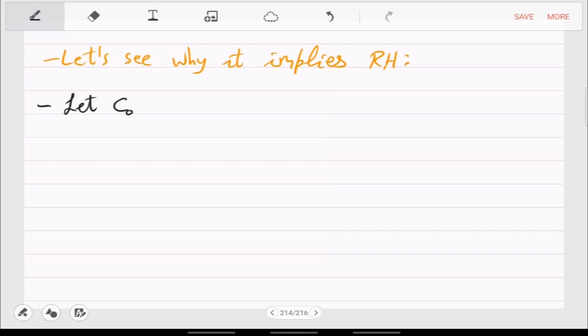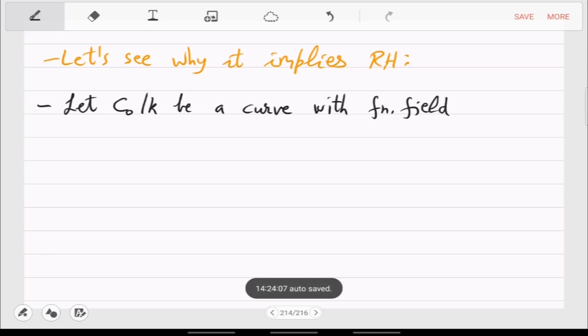So let C0 over K be a curve which may or may not be Galois. It's a general curve with function field K0.